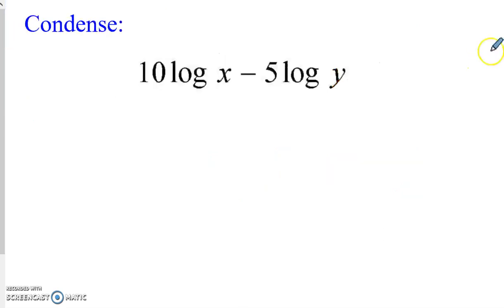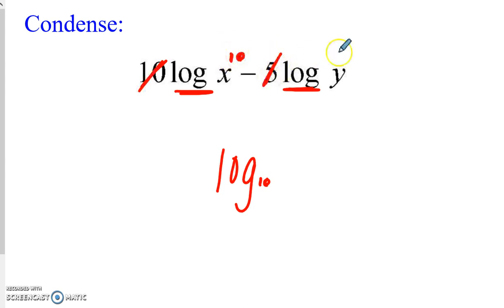So let's look at this one, okay? I have to make sure they're in the same base, and look here they are, but remember what's the base if there's no number there? It's actually base 10, okay? So I'm going to make 1 log, and you can put a 10 if you want, you don't need a 10. But then the first thing I do is look for coefficients. So this 10 here actually goes to the top, and the 5 here actually goes up here.